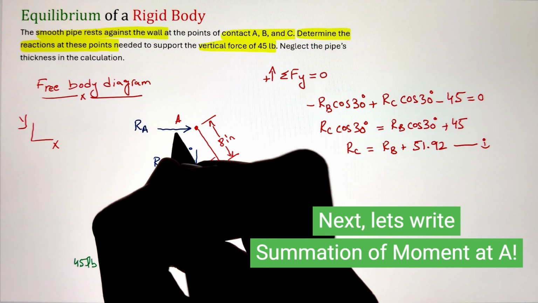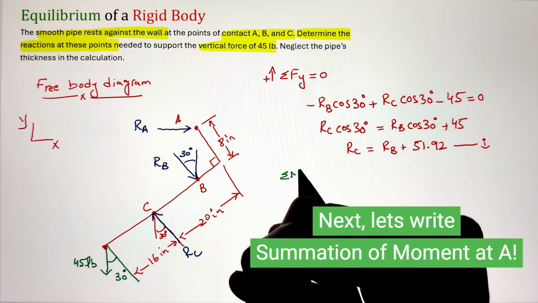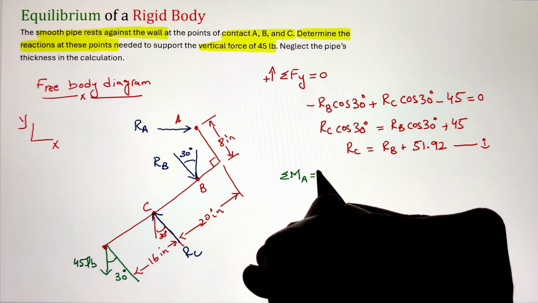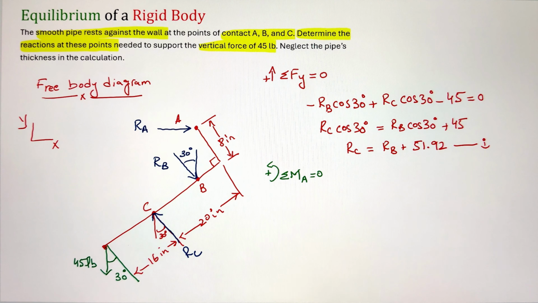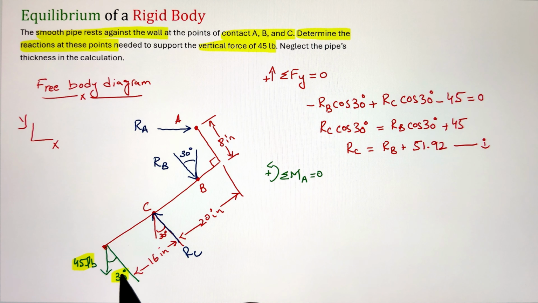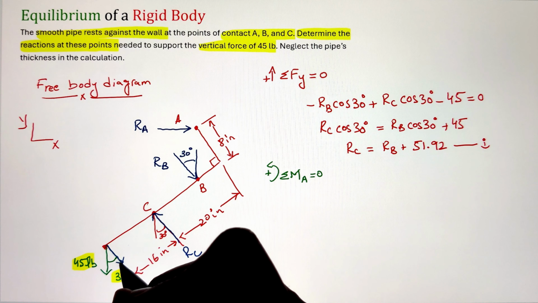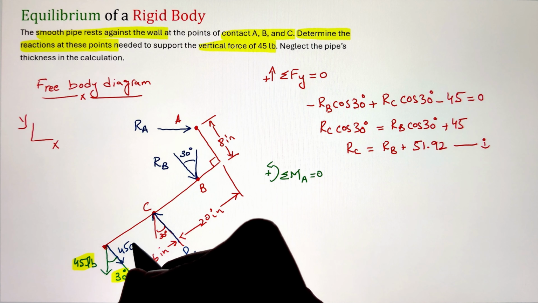Next, let's figure out which of the other two equations we should go with. We already have seen that the summation of forces along the x-axis is going to give us three unknowns, so let's figure out the moment equation. For the moment, I can choose any point on the beam. However, since in my equation 1 I have the variables Rc and Rb, I don't want to introduce Ra in that specific equation.